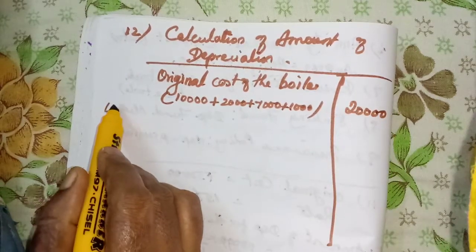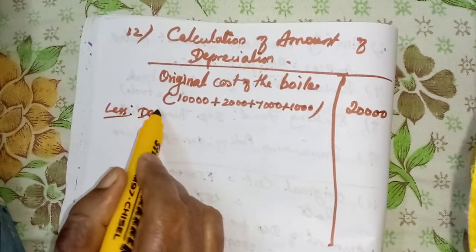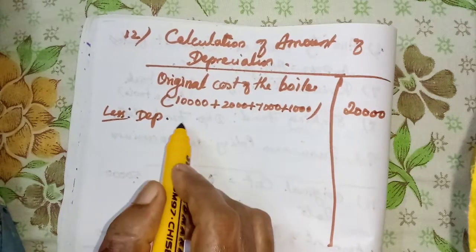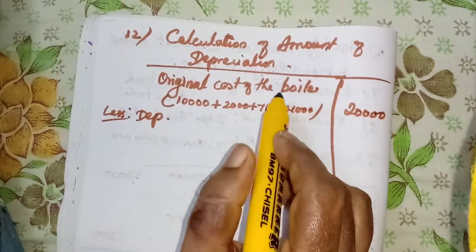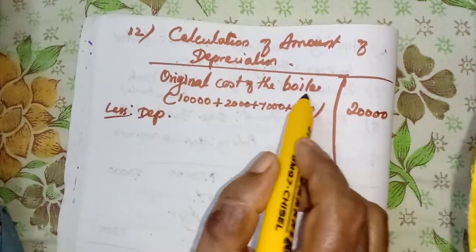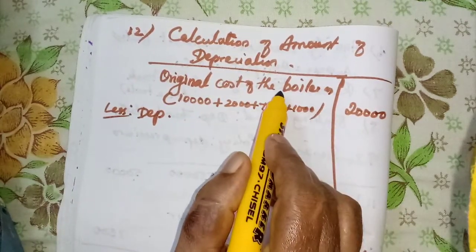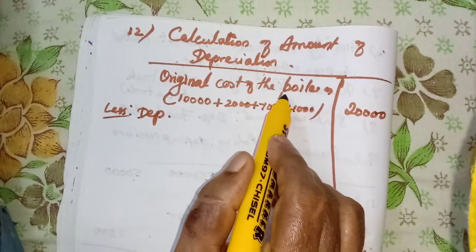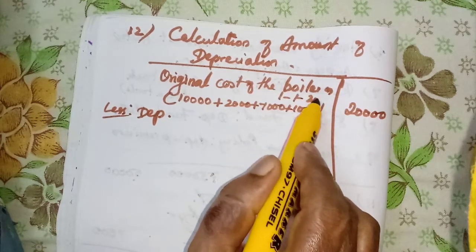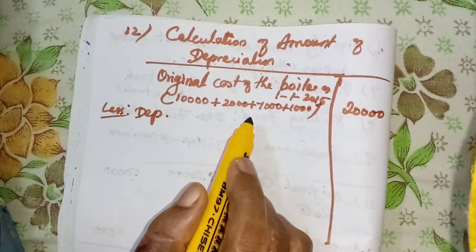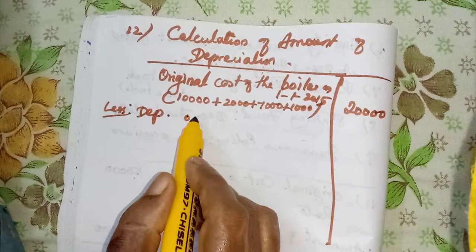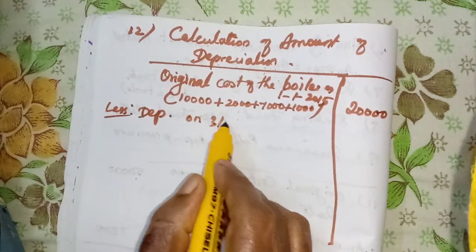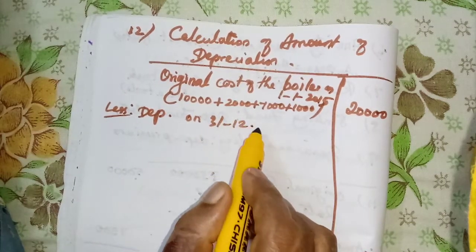Okay, now less depreciation. Now depreciation for the first year, when the accounts get closed, here when we are purchasing, purchase price on 1/1/2015, it is closing on 31st December 2015.